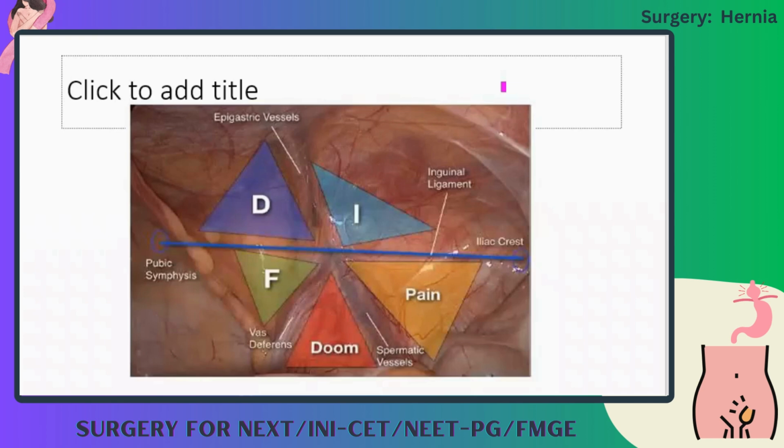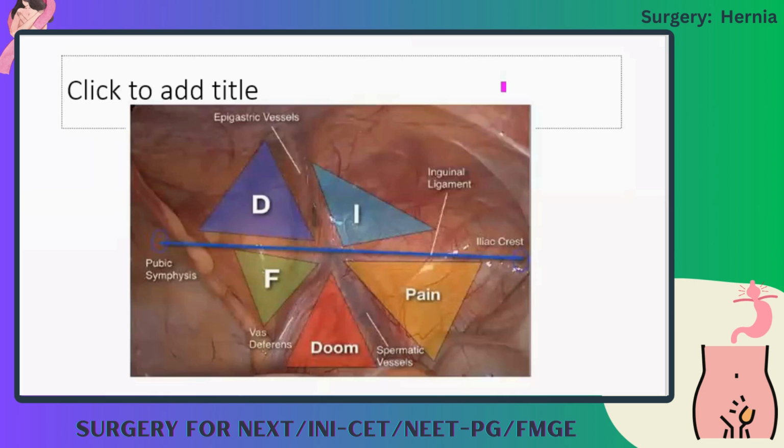Then hernioplasty, where we place a mesh or patch. Can we do this laparoscopically? Yes, this is laparoscopic repair of hernia. We put the scopes here and do a laparoscopic repair.